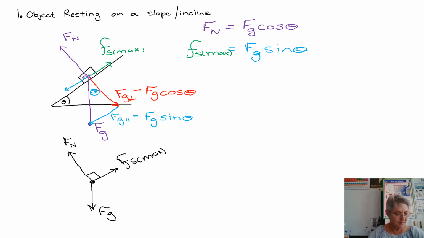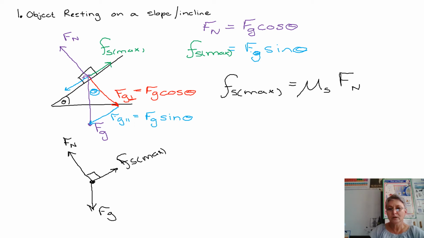So Fs max is also, per definition, mu s times Fn.